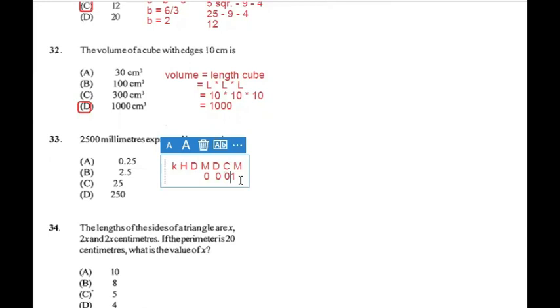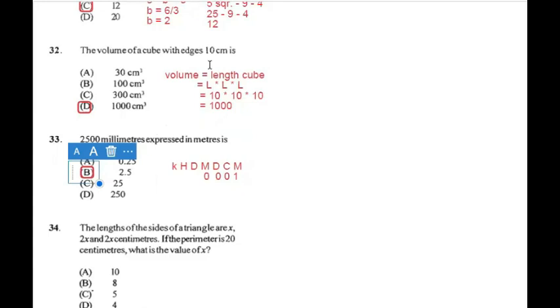So I'm putting 0 at the units in between, and we put 1 at the meter, which are the millimeters, which we're moving from, and 0s to occupy the other units that we are going towards. So in this case, we'll be dividing by 1000. So we're dividing 2,500 by 1000, and that will result in 2.5. So our answer for 33 is B.